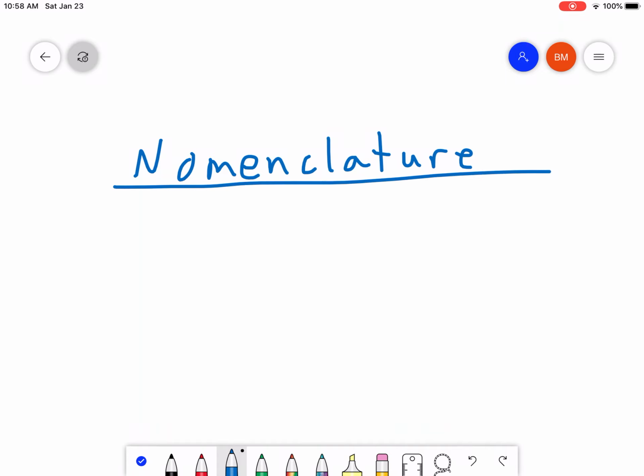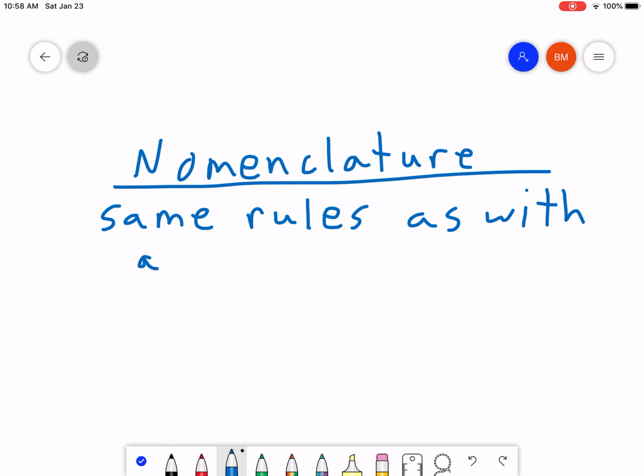Basically what you do is you follow the same rules that you had with alkenes. With alkenes, we found the longest carbon chain that contained the carbon-carbon double bond. With alkynes, you find the longest continuous carbon chain that has a carbon-carbon triple bond.